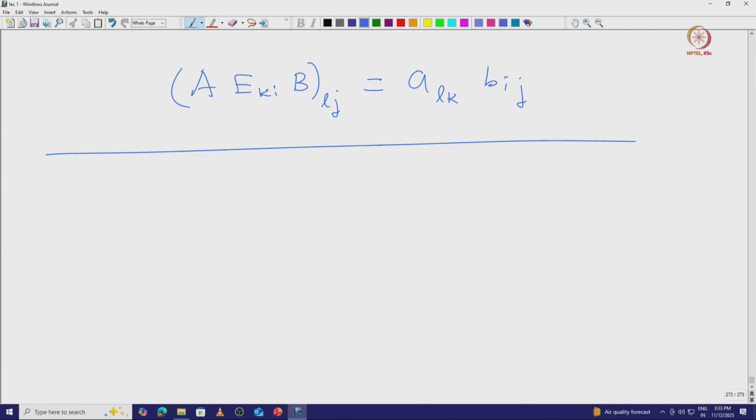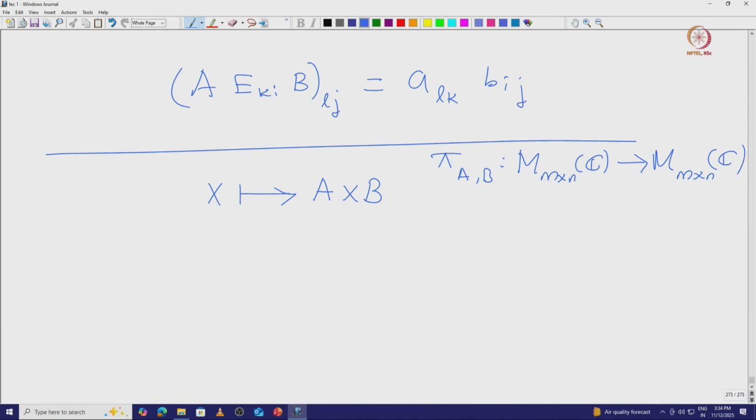Now let us look at the operator that I was promising. If we take this operator X goes to A X B, this is pi A B from the set of all m by n matrices to the set of all m by n matrices.